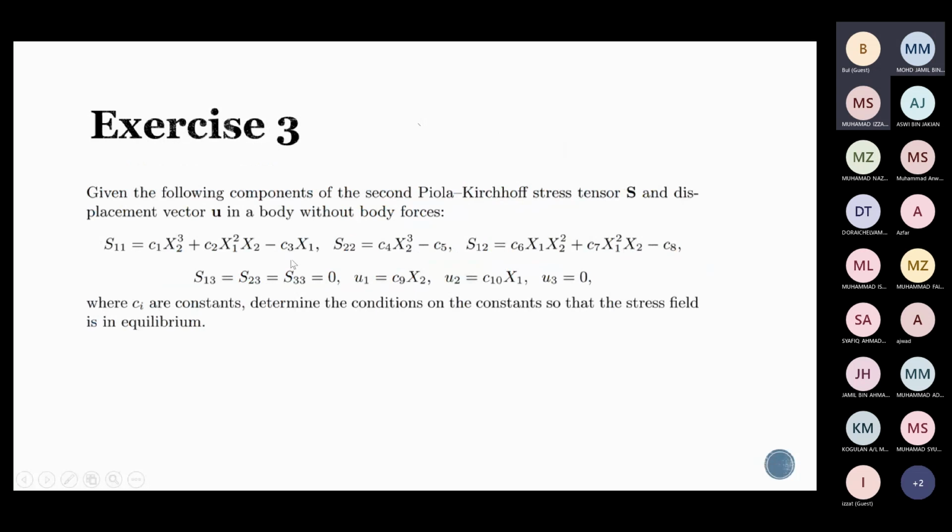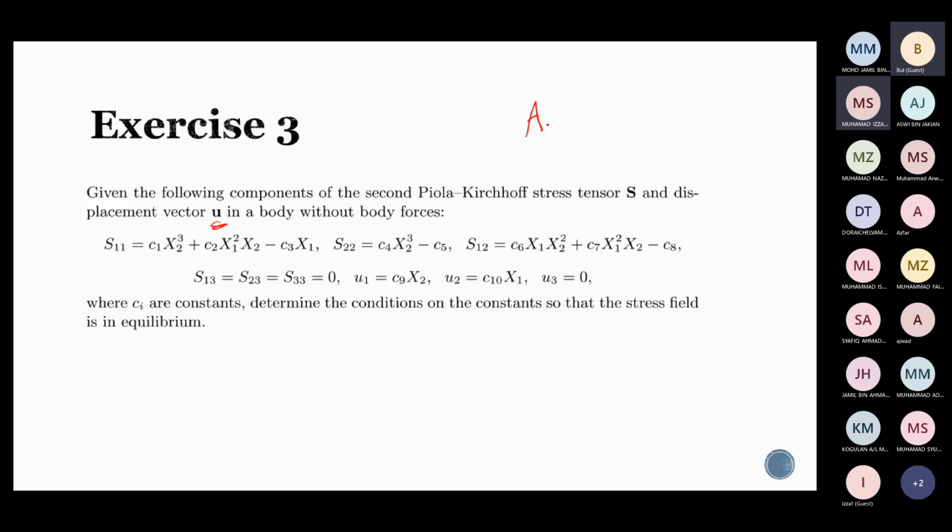So again, exercise 3 is about using the balance of linear momentum in material description. Here you are given the displacement, meaning that you need to find the acceleration.